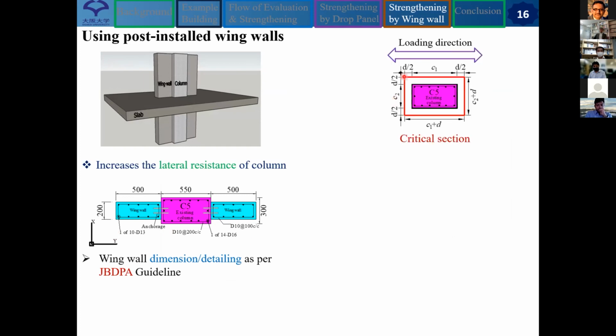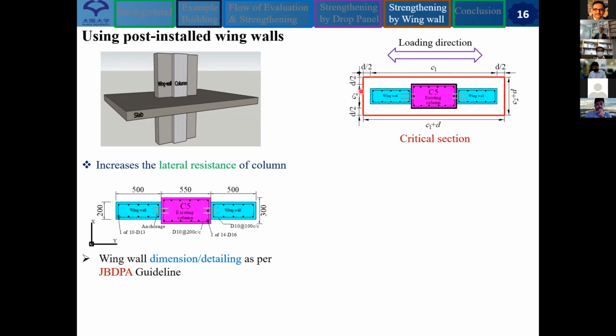From the original column, the interior column is like that, and the critical section was at a distance from the column face. So when we apply this type of wing wall, it extends the critical section. Extending the critical section prevents the punching shear failure.